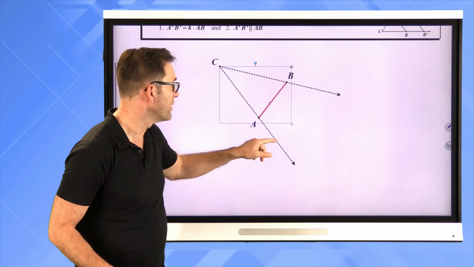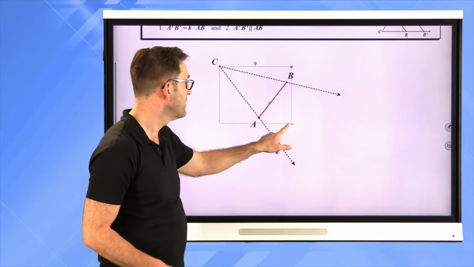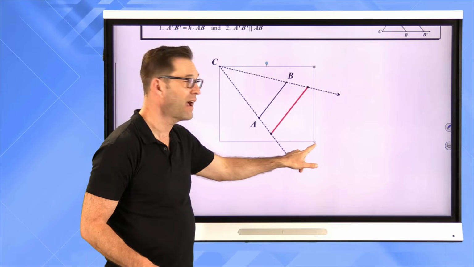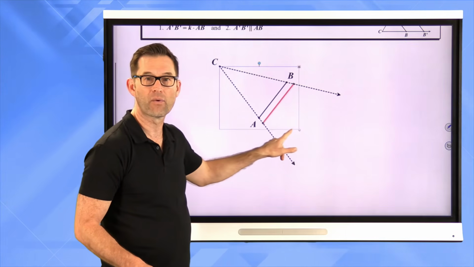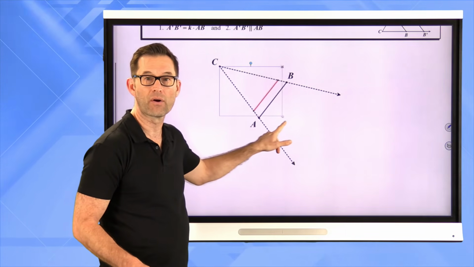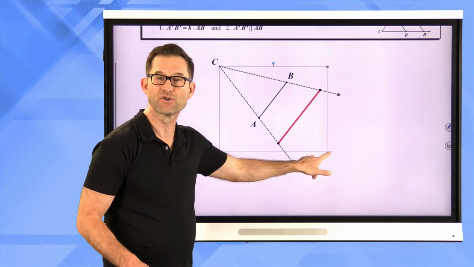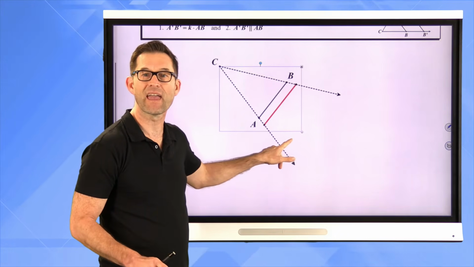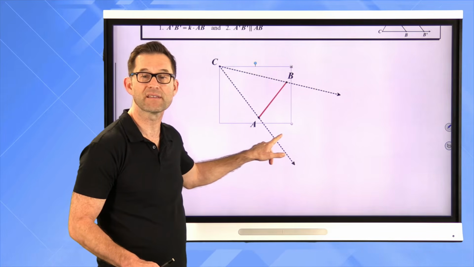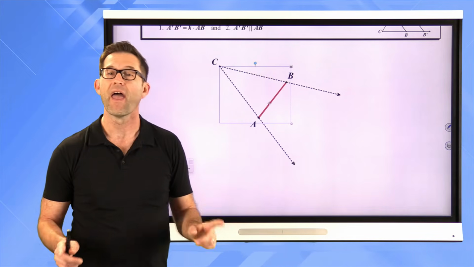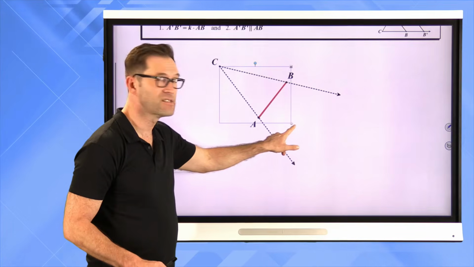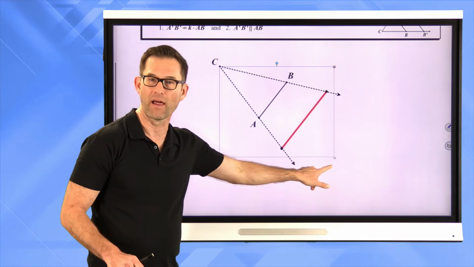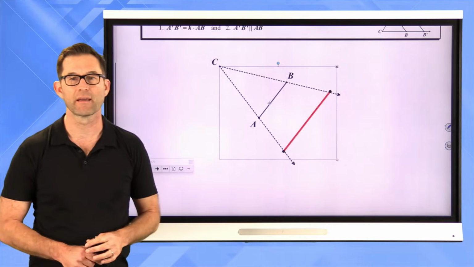But the result of it, which is really cool, is that as I dilate that segment, whether I dilate it smaller or larger, my image segment is getting scaled by the same amount as the scaling constant, the length of it, and that image segment is staying parallel to the original segment.